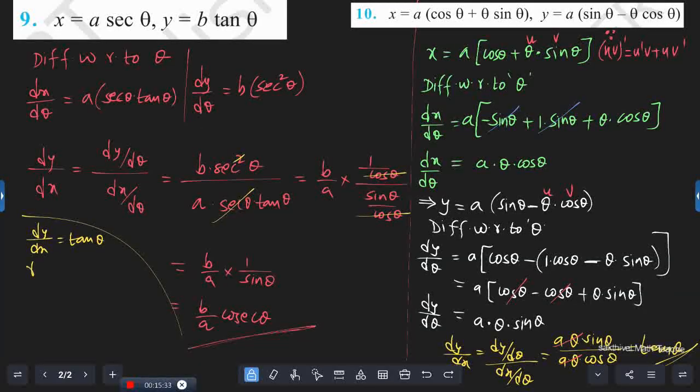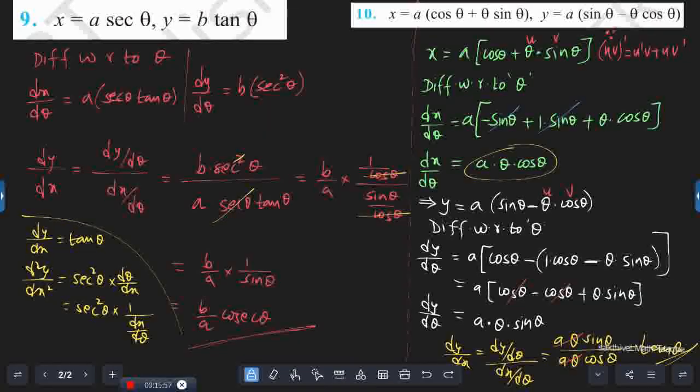If they ask to find d square y divided by dx square, you don't need to write this, just listen. When I differentiate tan, it is secant square theta, and theta with respect to x is d theta divided by dx. So secant square theta multiplied by 1 divided by dx by d theta, writing it in reciprocal format. Dx by d theta here is a cos theta.